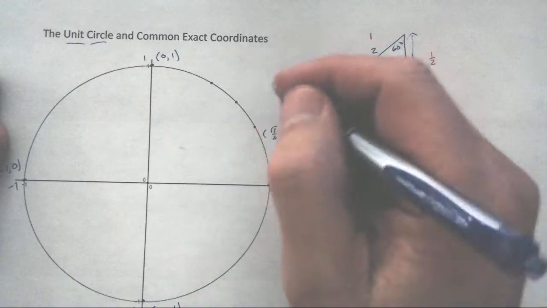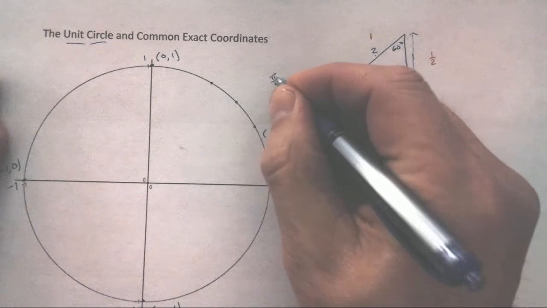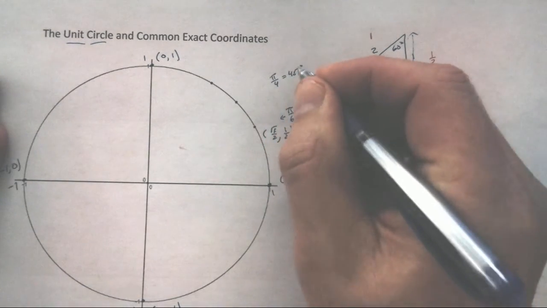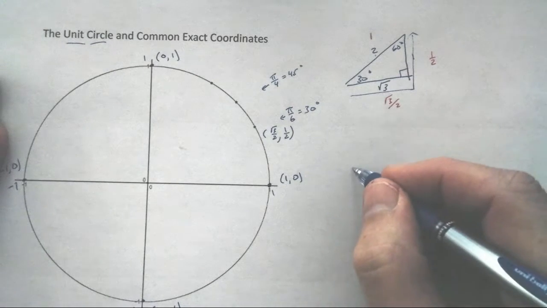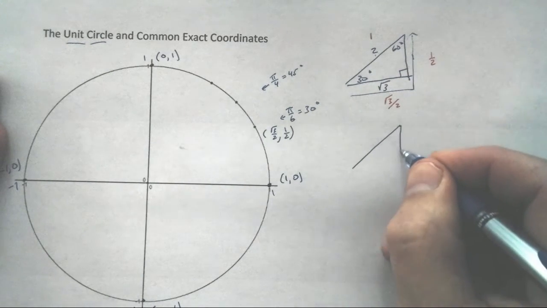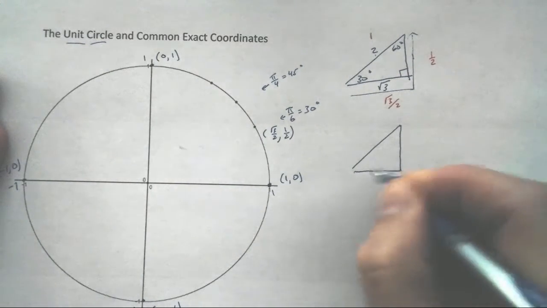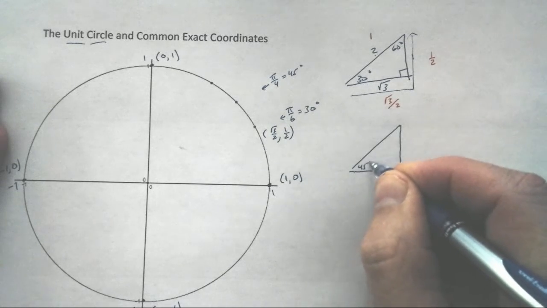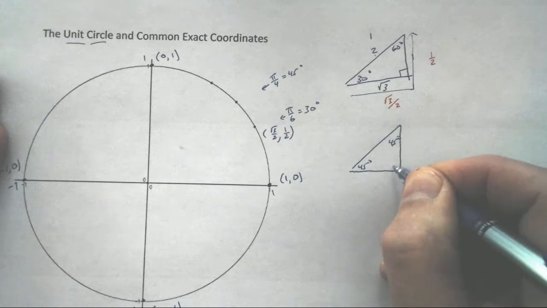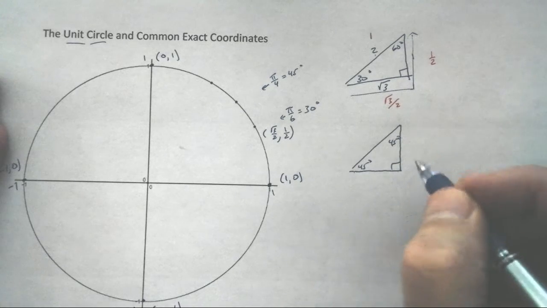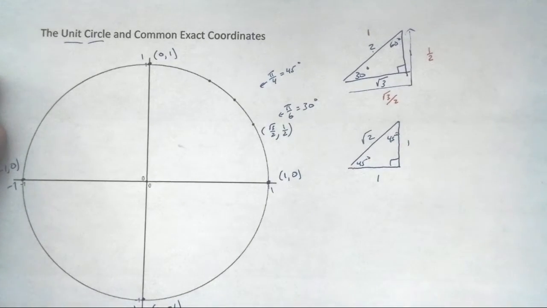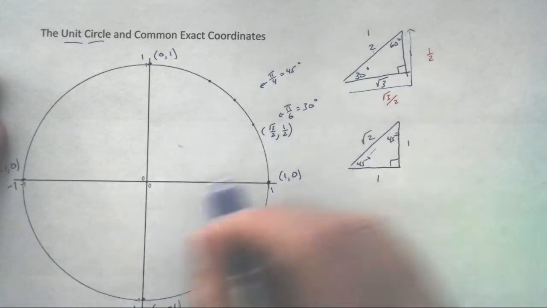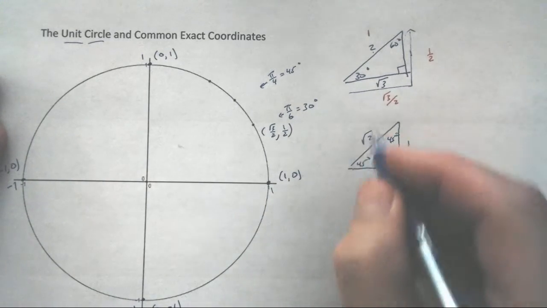Okay, let's venture on to pi on 4 here, or 45 degrees right at this spot. So if I was to draw 45, 45, we go back to geometry days, and we might say that the sides that associate with this, we like to use 1 and 1 and square root of 2. The problem is the hypotenuse on a unit circle is 1.